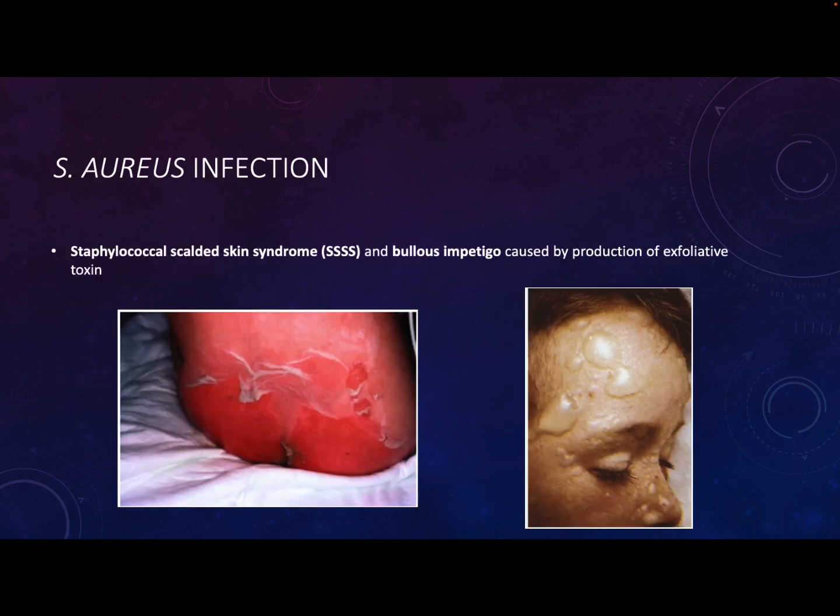Okay, so I told you about kids getting staph infections. This is the bottom end of a child, most likely infant, who has what we call staphylococcal scalded skin syndrome. It looks like a burn. And it probably looks a little bit better on your computer than it does on this screen.